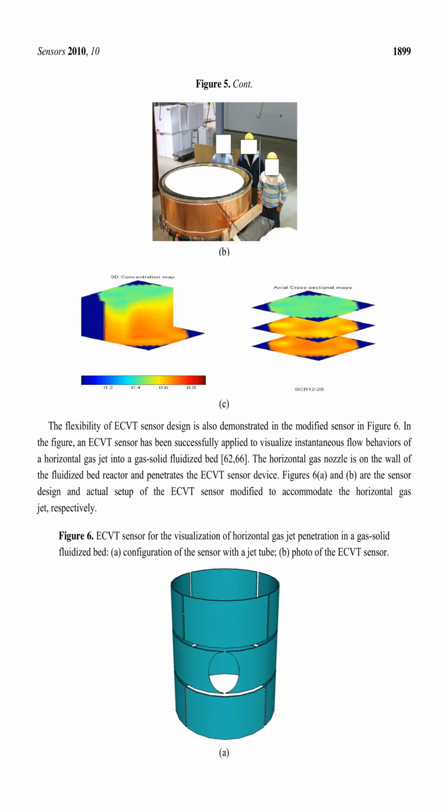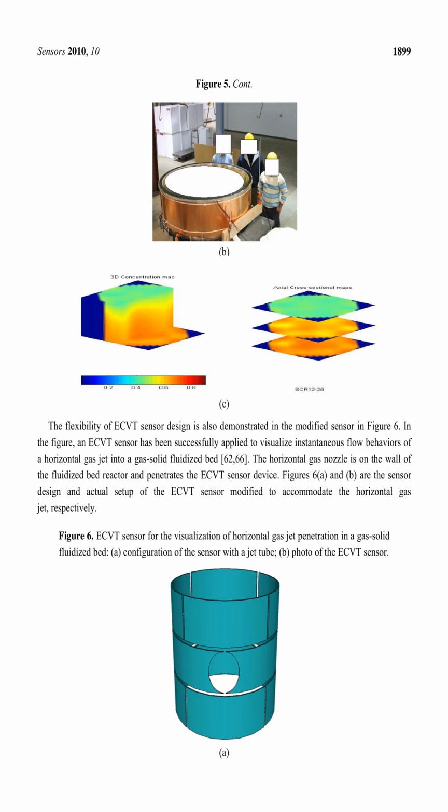The flexibility of ECVT sensor design is also demonstrated in the modified sensor in Figure 6. In this figure, an ECVT sensor has been successfully applied to visualize instantaneous flow behaviors of a horizontal gas jet into a gas-solid fluidized bed. The horizontal gas nozzle is on the wall of the fluidized bed reactor and penetrates the ECVT sensor device.